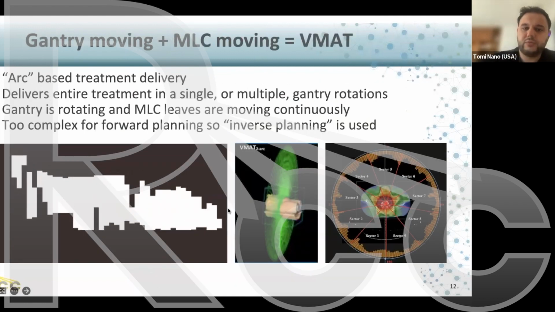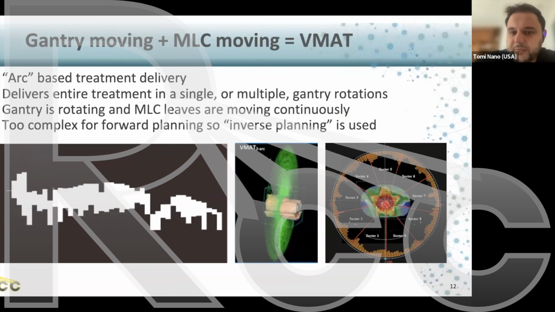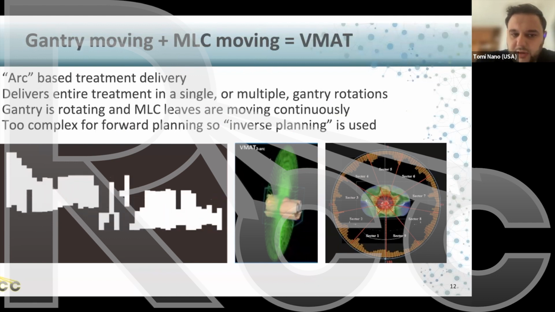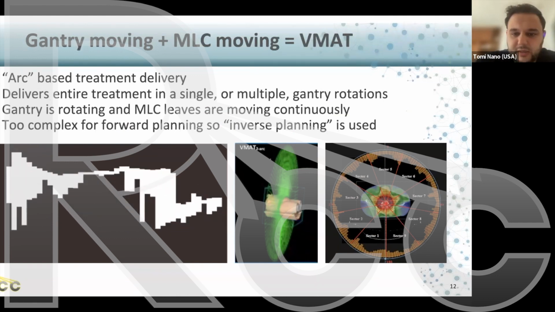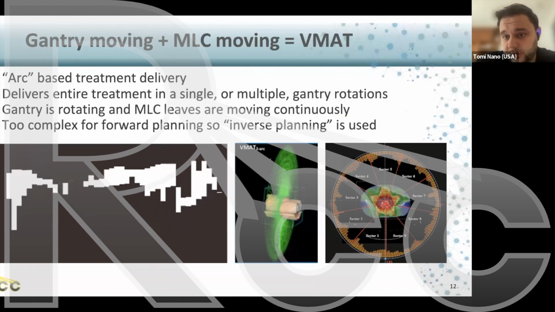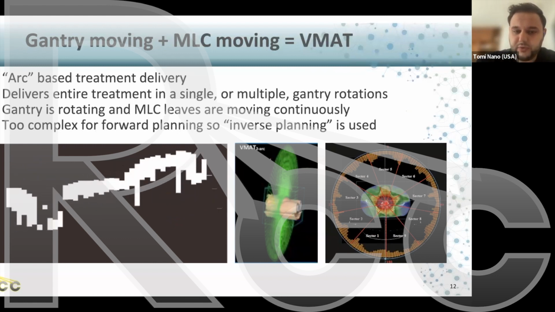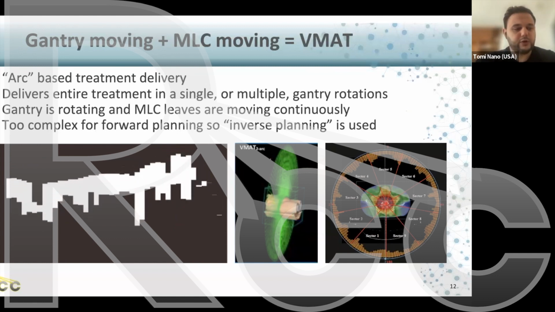So if we have a gantry moving and an MLC moving, then we call this VMAT. And this is what we call an arc-based treatment delivery. And it could be used with multiple arcs or single arcs. They could be full arcs, so the full 360 degrees, or partial arcs.